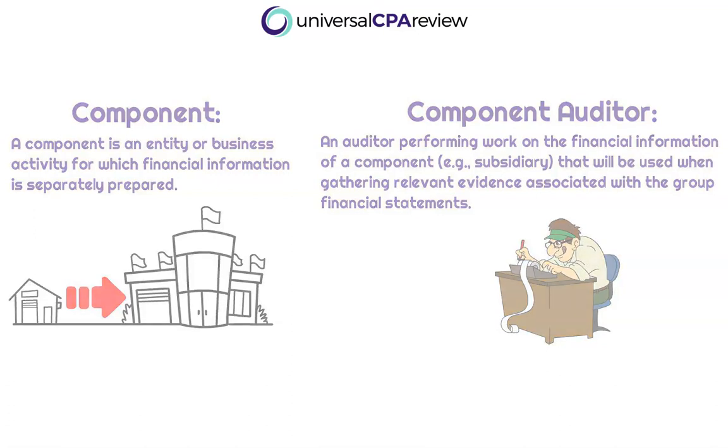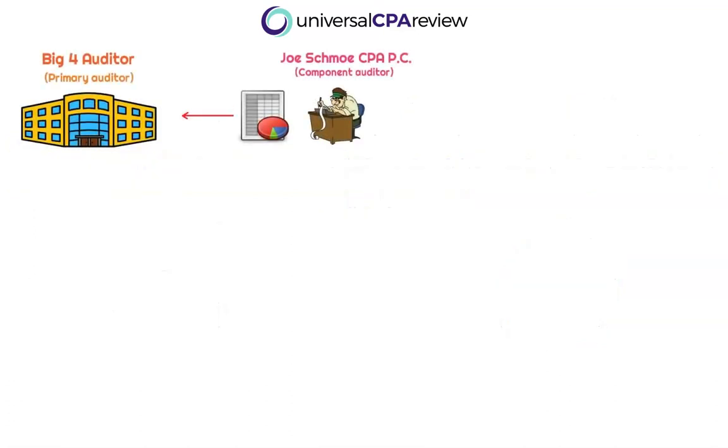Before the group auditor uses the component auditor, they have to understand who they are, because they're going to be associated with the audit report. So let's say the Big Four accounting firm is bringing on Joe Schmo CPA PC. They want to understand who Joe Schmo is.